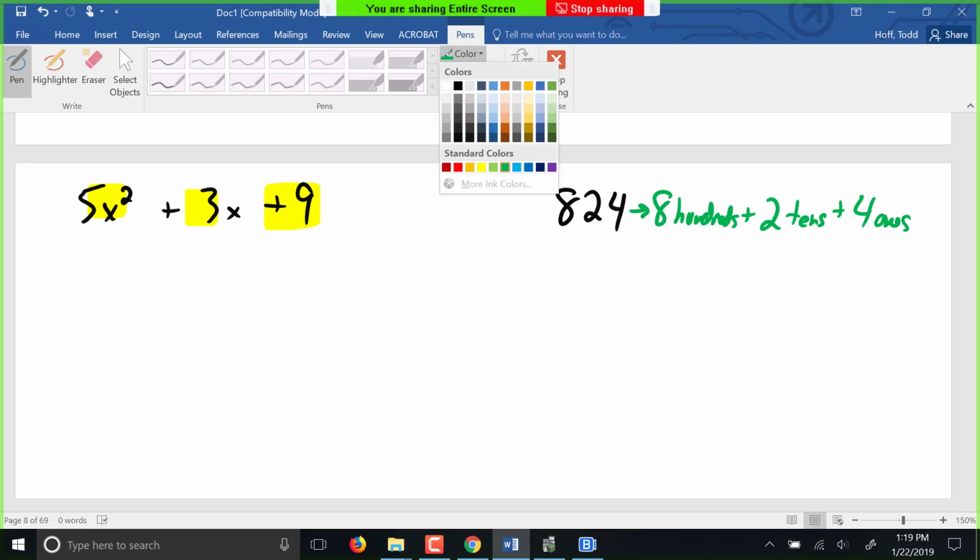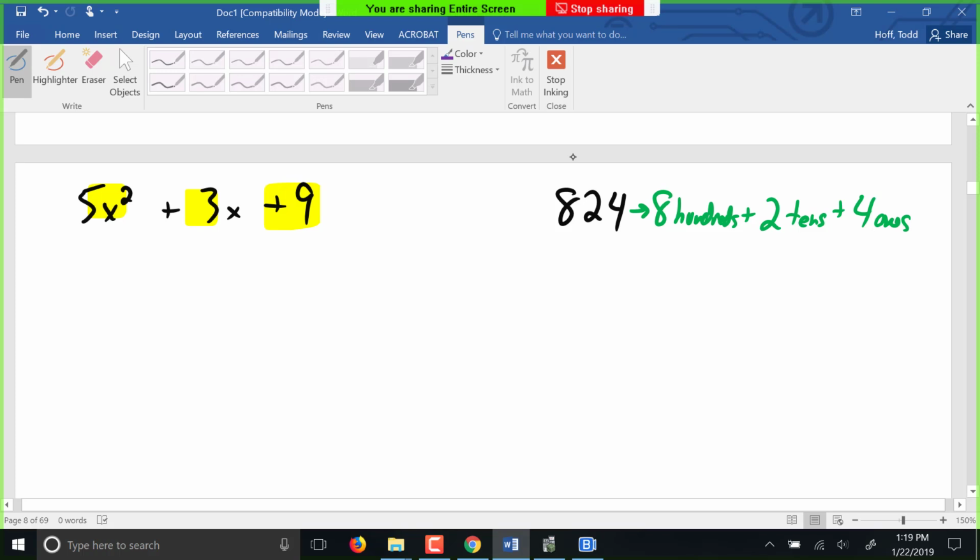But as we saw a few minutes ago, one of the other ways we can express ones, tens, and hundreds is just using powers of ten. 8 hundreds is just 10 squared. 2 tens is just 10 to the 1 or just 10. Plus 4 ones would be 10 to the 0, but often we just write 4, and the ones is implied.